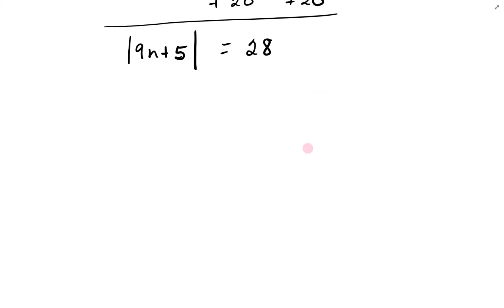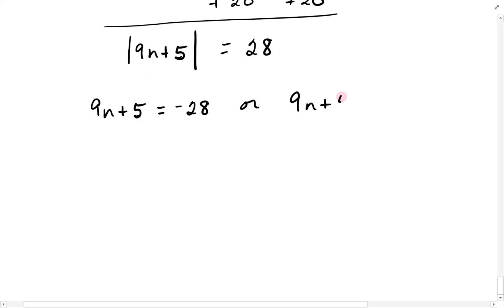When an absolute value of an expression is equal to a constant, then you know that the inside of the absolute value, the 9n plus 5, is either negative 28 or the 9n plus 5 is equal to positive 28. Because if you take the absolute value of negative 28, it checks. If you take the absolute value of positive 28, it checks.